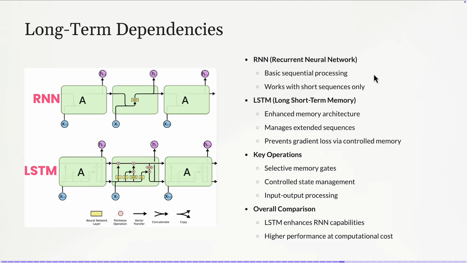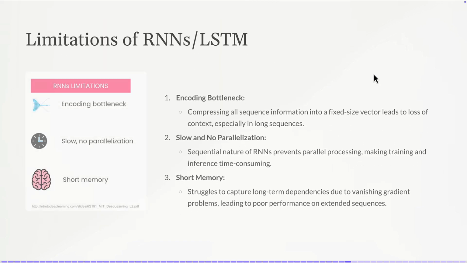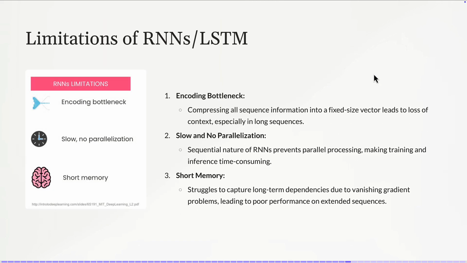So LSTM enhances the memory architecture. It manages extended sequences and prevents gradient loss via controlled memory. We will have a full lecture about language modeling using RNN, LSTM, and GRU.